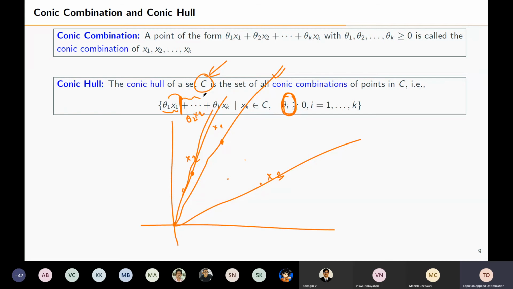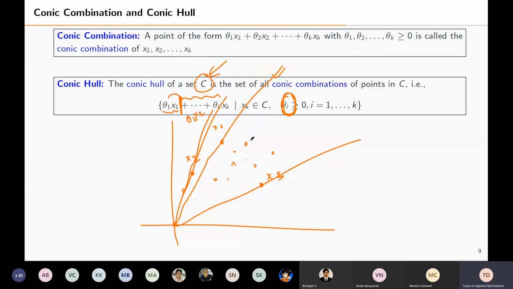But there are also additional terms, right? So what type of points will they generate? Can I say that any arbitrary point inside will also now be generated in the conic hull? Could be, sir, that could be a possibility. Yes, sir, because all of them will act as bases and they will cover the entire portion. Yeah, this is about vector spaces that we recall.